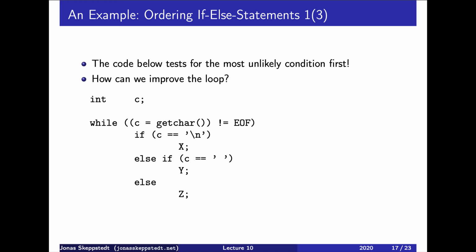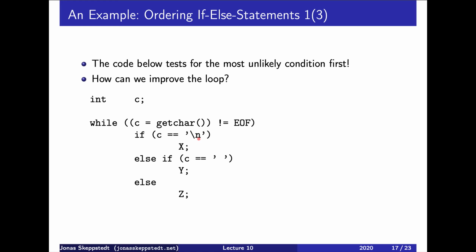But this is really a bad order. End of file is typically very infrequent. It happens at most once in the code, here exactly once, unless the program is terminated in some other way before.